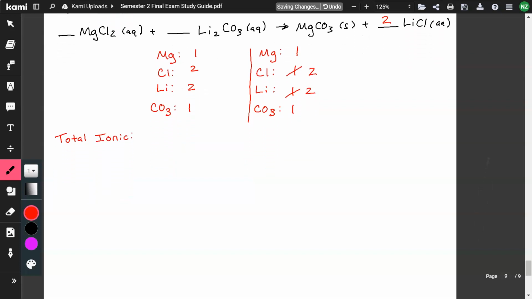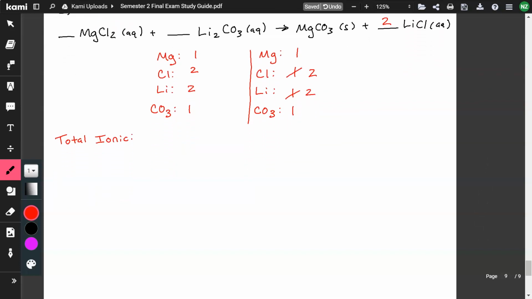Okay, so we're going to split anything that's aqueous up. So we'll have, let's see, Mg plus 2 aqueous. We'll have, so watch this 2 here, 2Cl minus aqueous. Again, we have a 2 here, so 2 lithium.